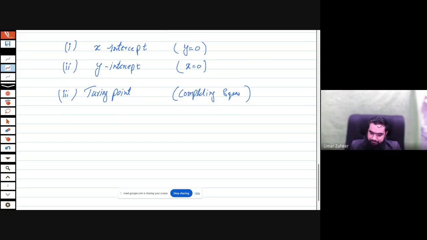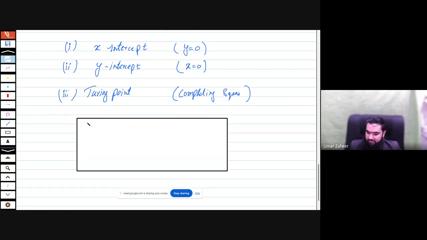Now we need to see how we can find a turning point. Always remember, if the quadratic equation is written in this form, a(x plus b) whole square plus c, which is basically the completing square form, then the x value of the turning point is minus b.